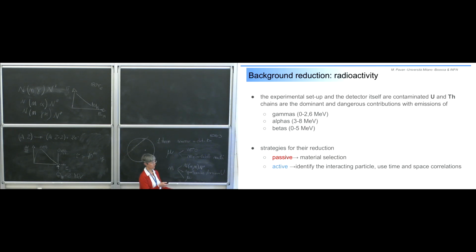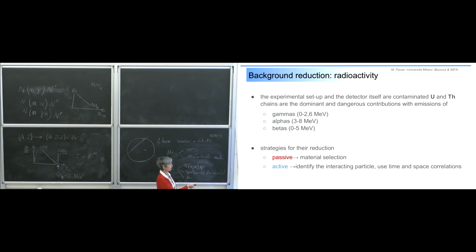So the point is that if I want to shield events produced by natural radioactivity in the rock or in the infrastructure of the underground lab, I can use veto or passive material or passive shields. But natural radioactivity is also in my detector, in the holder of my detector. And so I need additional strategies to remove also the interactions due to radioactivity that is in my detector.